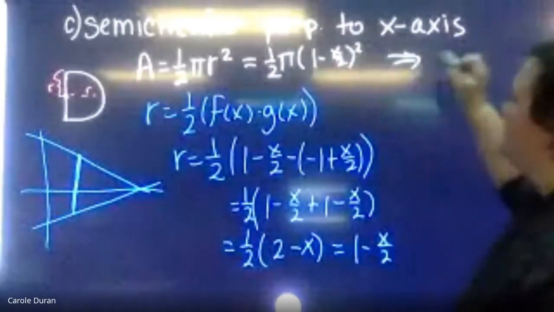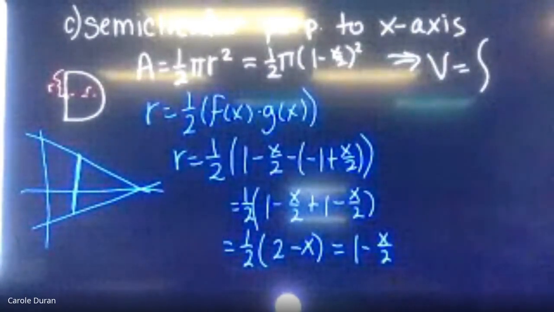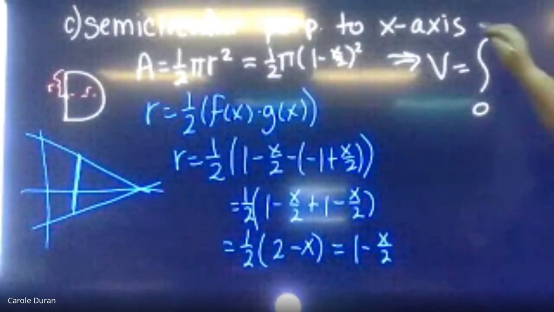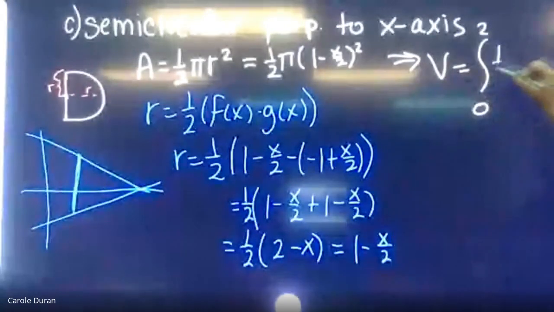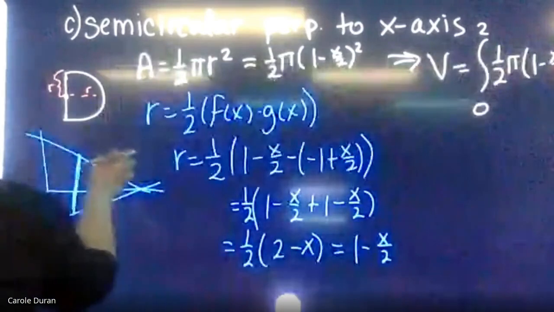So the volume is the integral from 0 to 2, because that's my x restraint of that function. We literally take the area function and write it as an integral with bounds and a d, whatever our variable is, after it. And then you can just put it in your calculator.